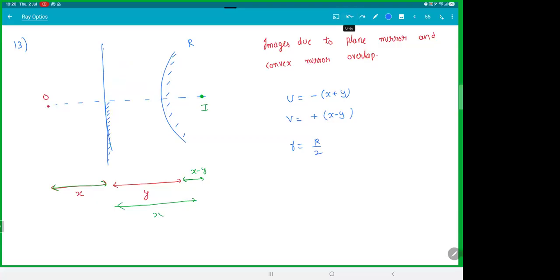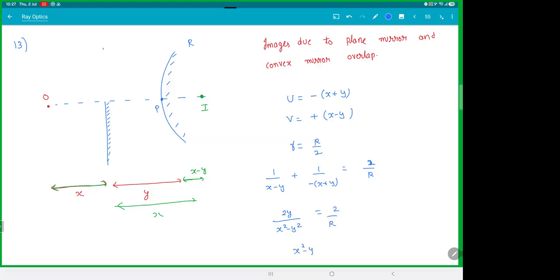For a convex mirror, distances are measured from the pole, so v is x minus y. So 1 by v, which is x minus y, plus 1 by u, which is minus of (x plus y), is equal to 1 by f, which is r by 2. Just put them in the formula and simplify. How much is this? x plus y minus x minus y. That will be 2y by (x square minus y square) is 2 by r.